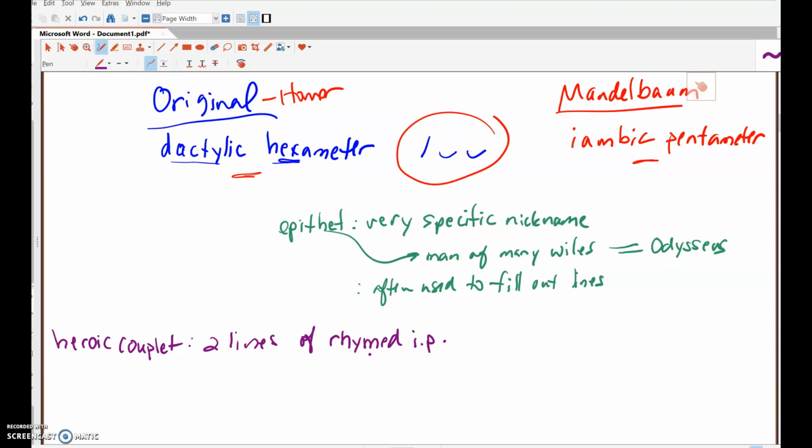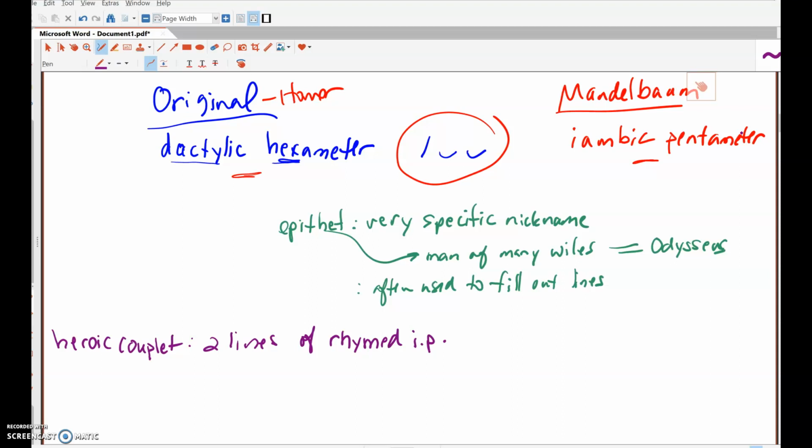So remember that Homer composed the entire epic in poetry, dactylic hexameter. For our purposes, we're going to think of the Mandelbaum version in iambic pentameter. And he would sing this to the people that he was entertaining, or giving information to.